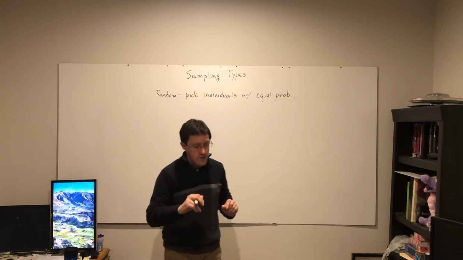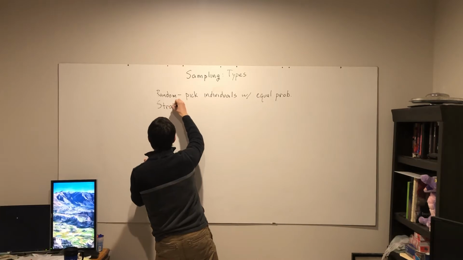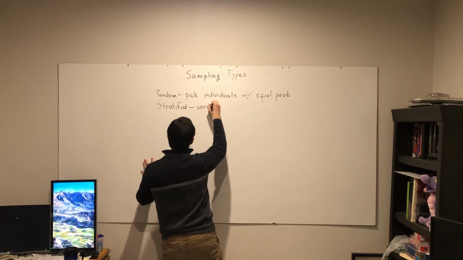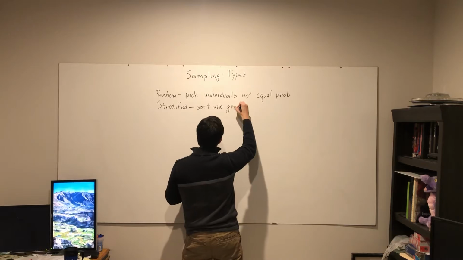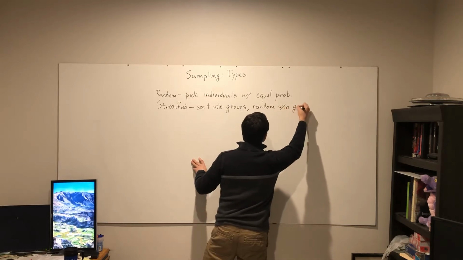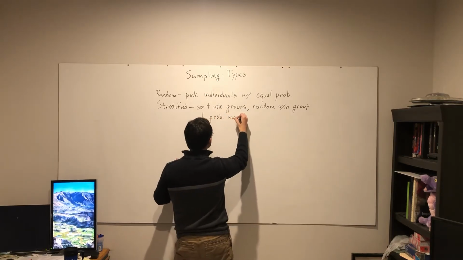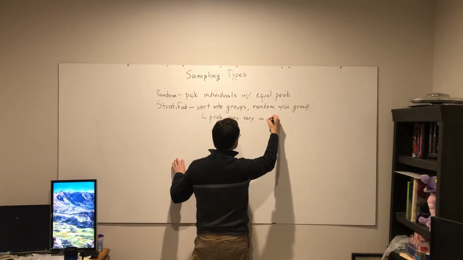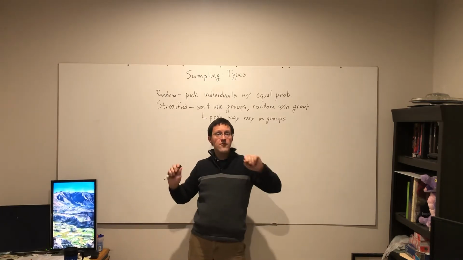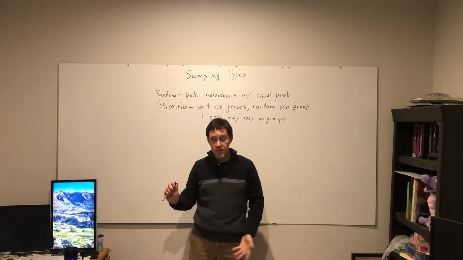The second type is called stratified. Within a stratified sample, we have some categorical variable by which we are grouping each of the people in our study.